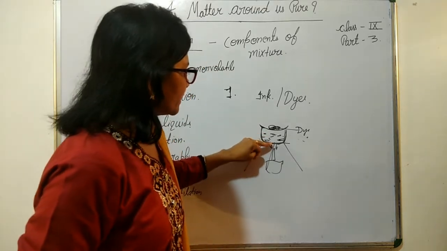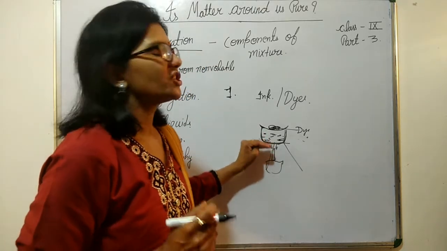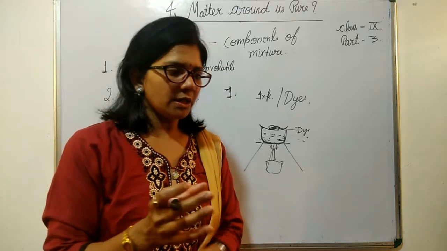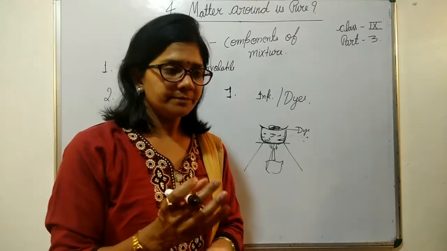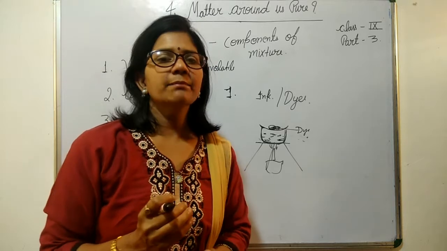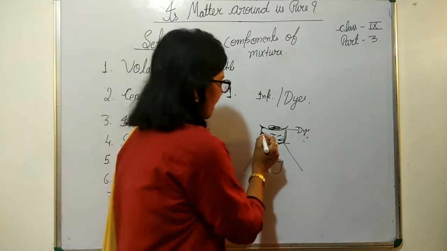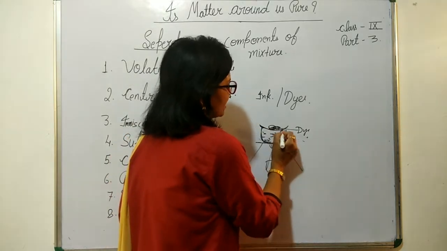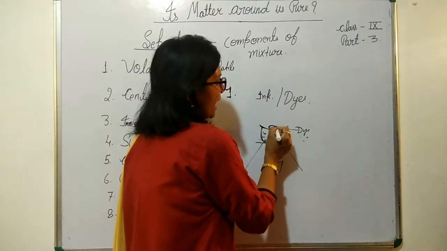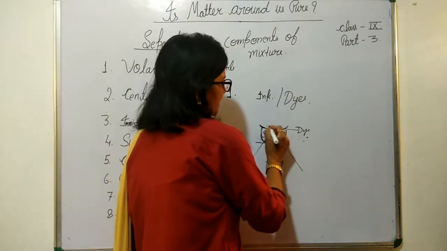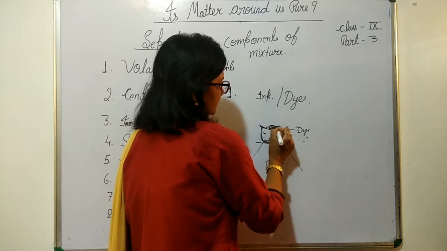Why was I not putting it directly? Because it may char. Suppose you put sugar on a hot vessel, what happens? It will become black. So we are not supposed to do that. To avoid this, we keep hot water, then the china dish on it, and on this you put the dye. What happens after some time in this solution?